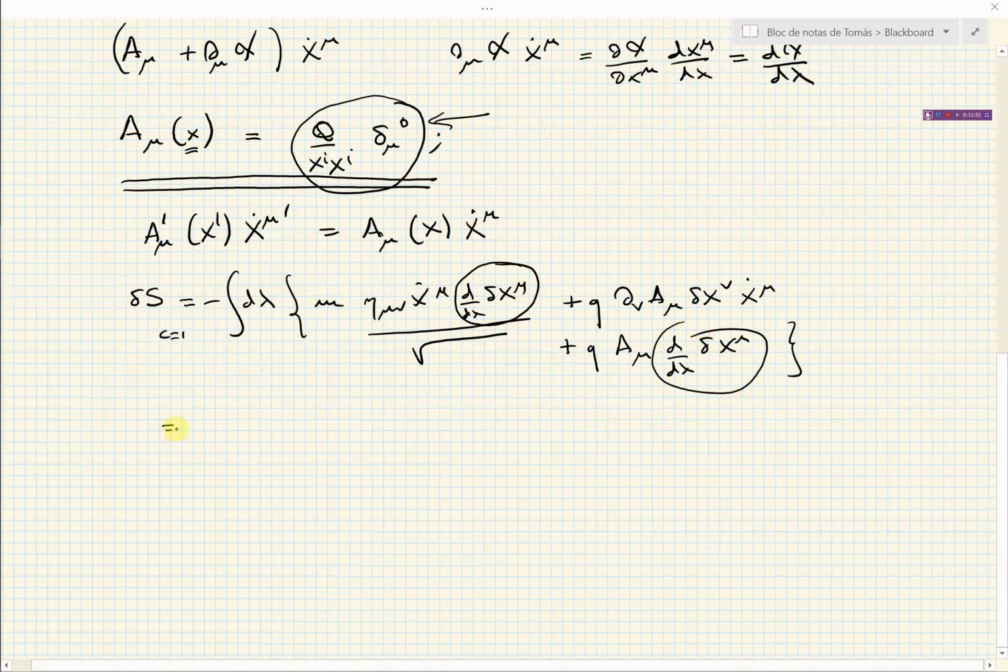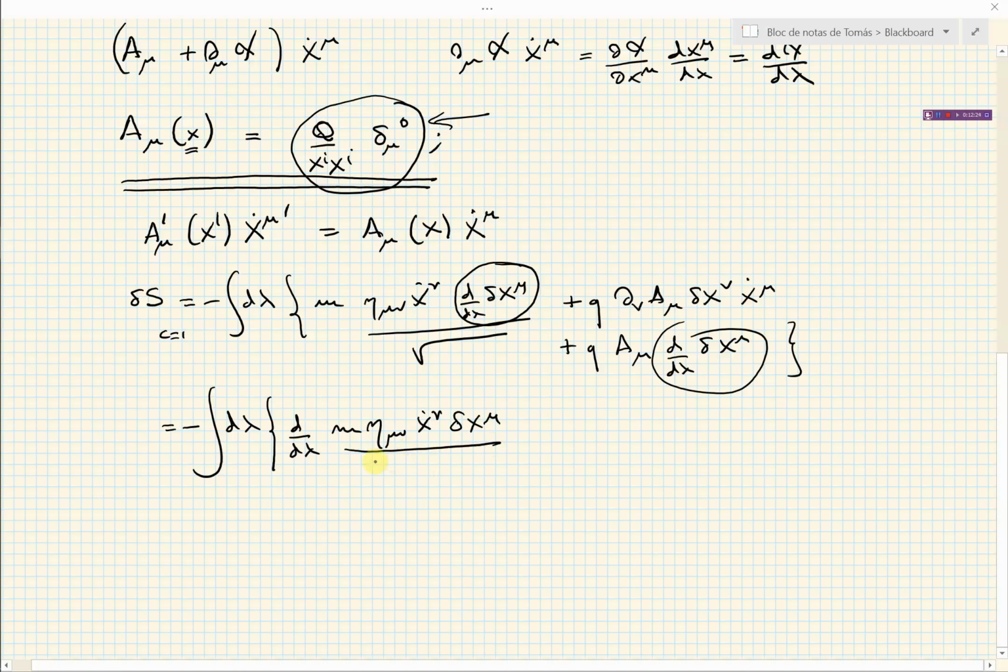So let's do it. Okay, we have the minus sign, integral d lambda, and then we have d lambda of m eta mu nu x dot nu, sorry, I should change this by nu, there are two mu's here, divided by this square root, times delta x mu, and also the term that I get here.